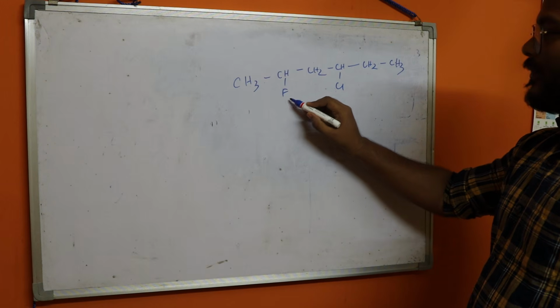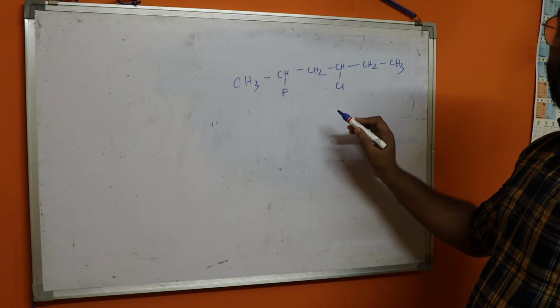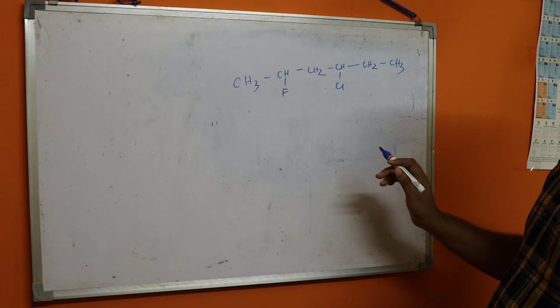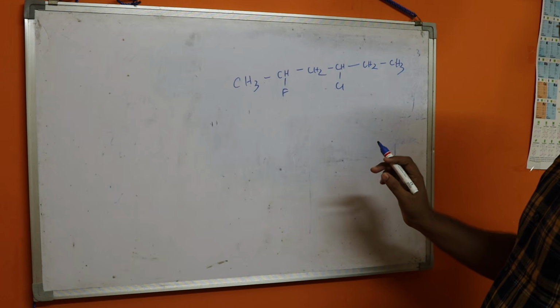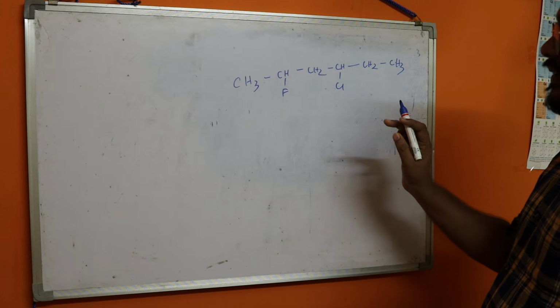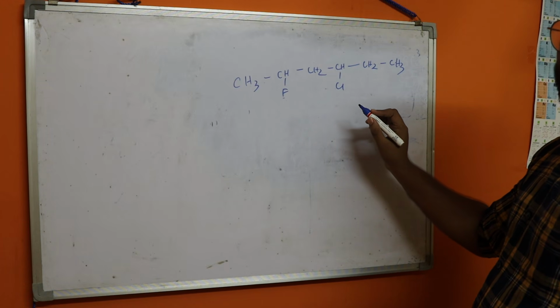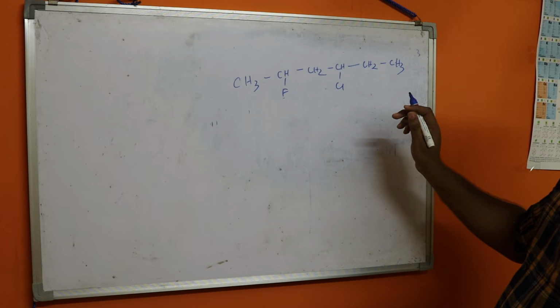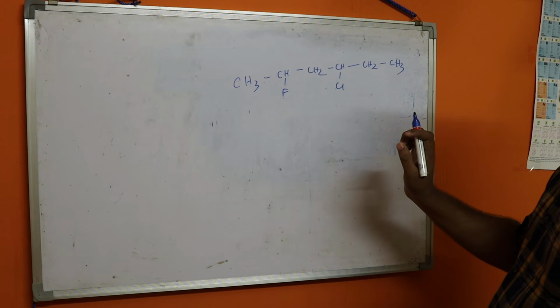One is fluorine, another one is chlorine. Now in which way do we have to number? Here we have to think alphabetically about who comes first, fluorine or chlorine. Chlorine starts with C, fluorine starts with F, so C comes first alphabetically. So we need to number such that chlorine gets the lowest number.